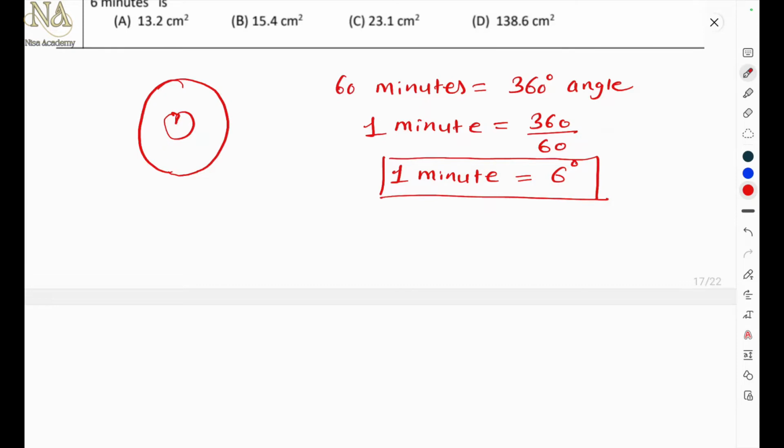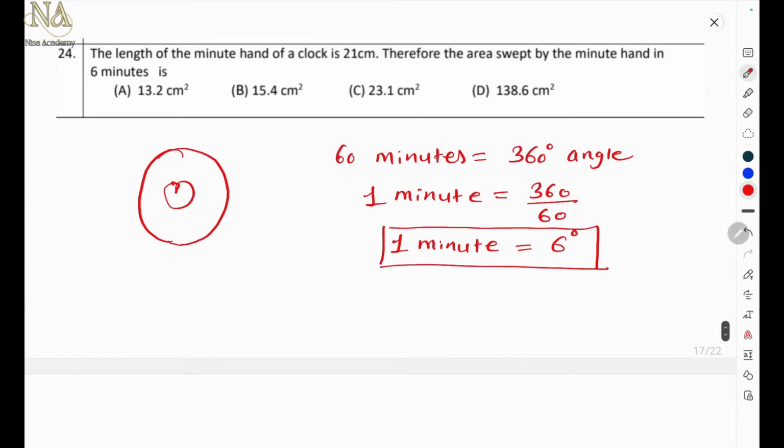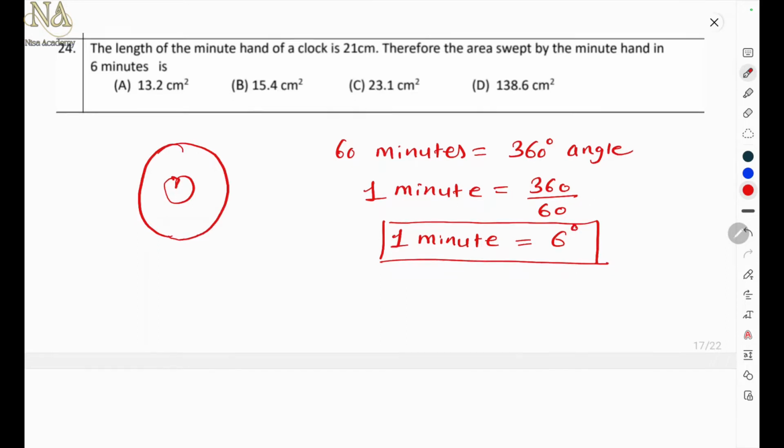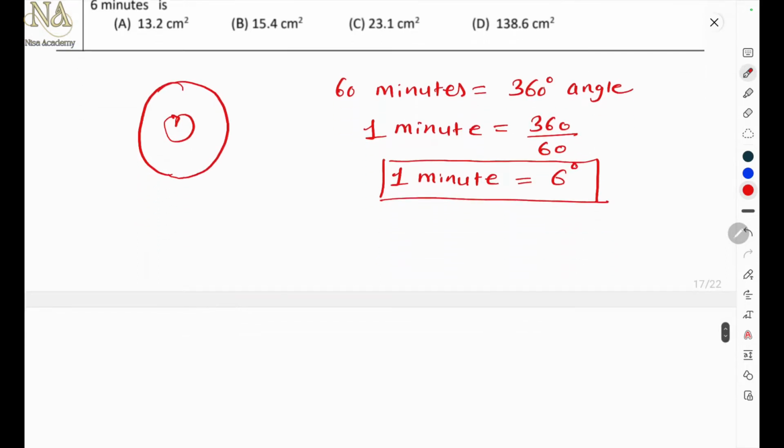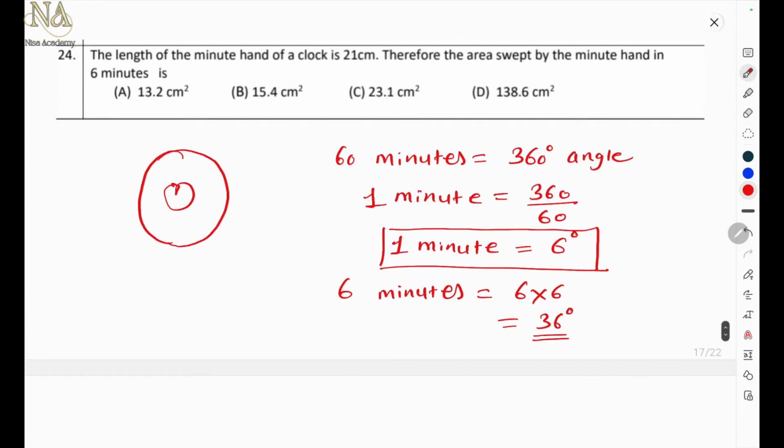Now they have told us to find the area swept by the minute hand in 6 minutes. So in 1 minute 6 degrees, so in 6 minutes how much will it be? The angle swept by the minute hand in 6 minutes will be 6 into 6, which is 36 degrees. The length of the minute hand of the clock, that is the radius, is given to us.